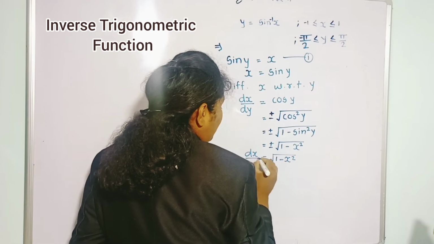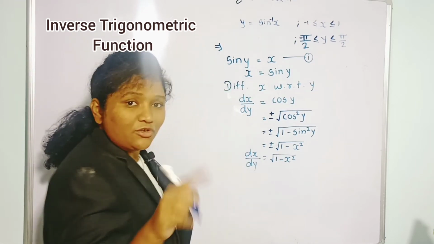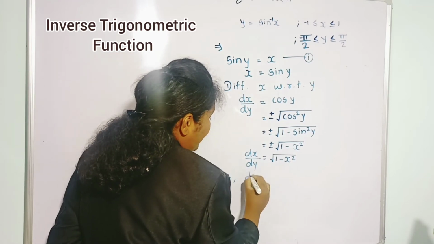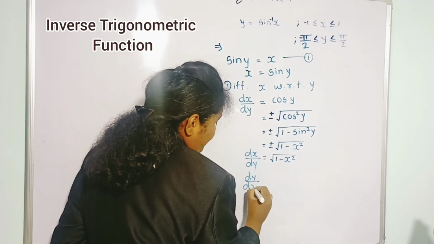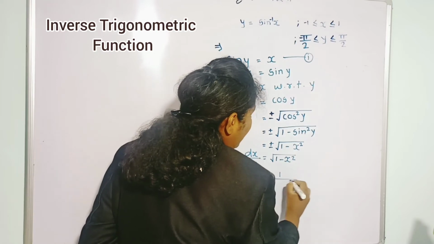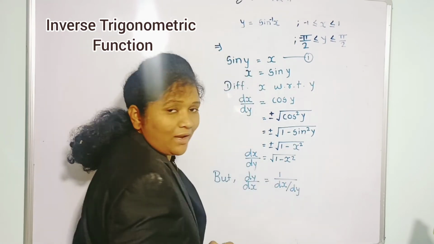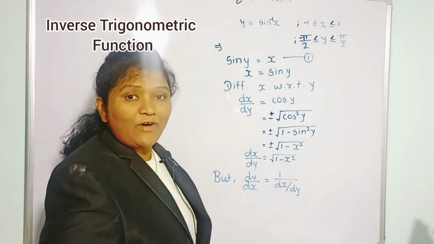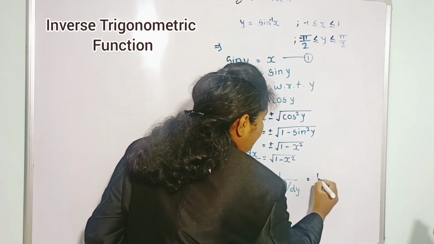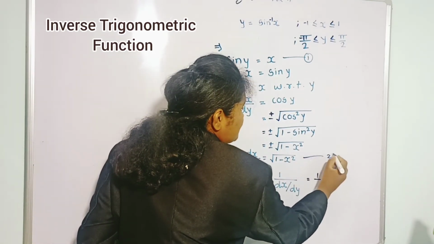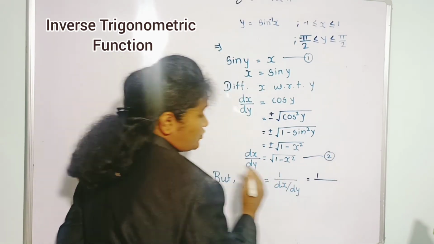So dx upon dy is square root of 1 minus x square. But you know that dy upon dx equals 1 upon dx upon dy. Now substitute the value of dx upon dy: 1 upon the square root of 1 minus x square.